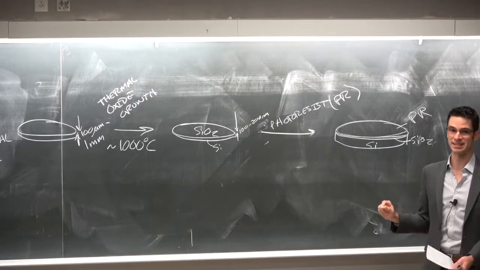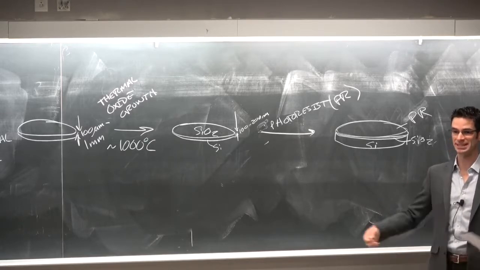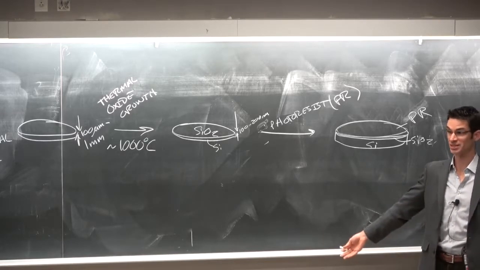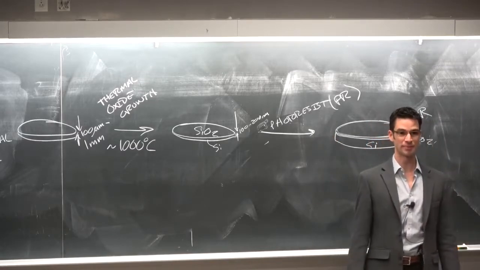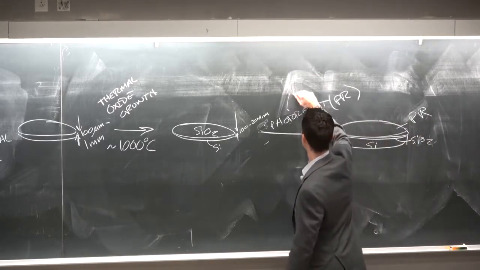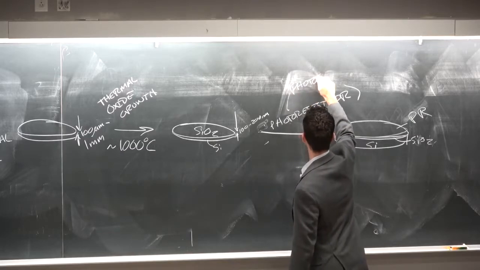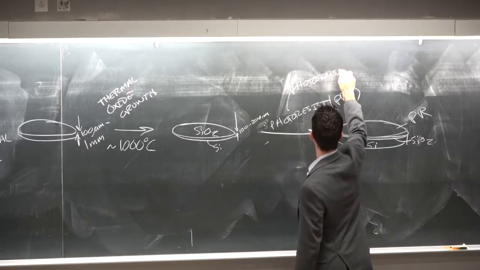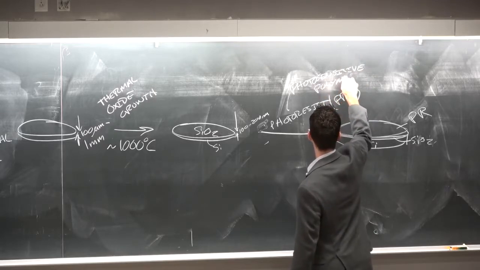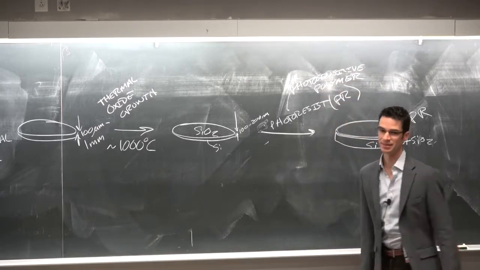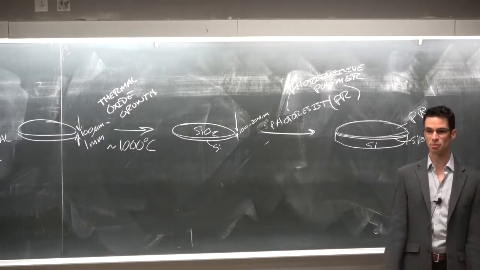What is photoresist? Photoresist is the basis of nanofabrication engineering. Photoresist is a photosensitive polymer that either becomes soluble when it's exposed to light.